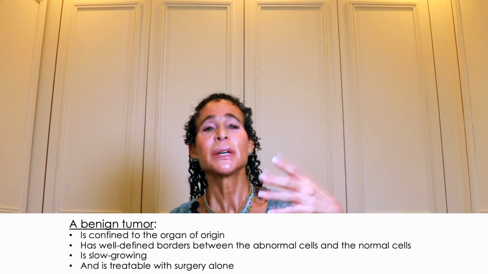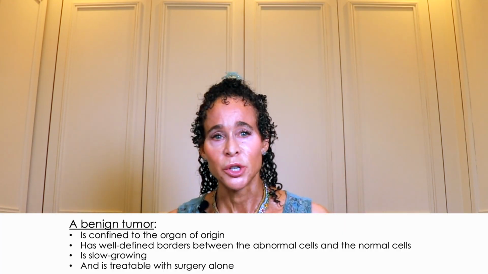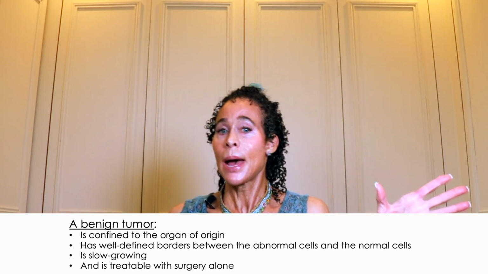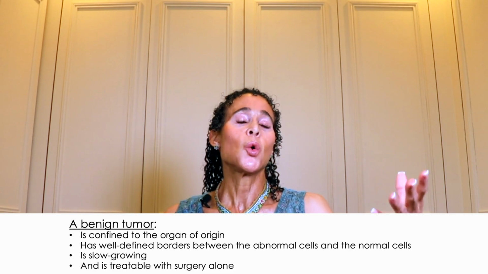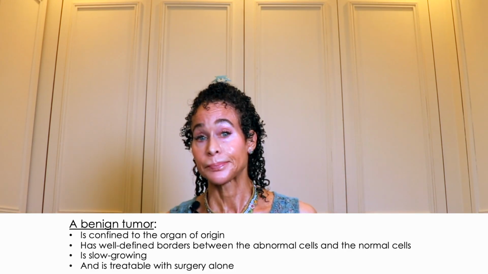Everybody's familiar with the basic distinctions between the definitions of benign versus malignant tumors in other parts of the body. A benign tumor is confined to the organ of origin, has well-defined borders between the abnormal cells and the normal cells, is slow-growing, and is treatable with surgery alone.